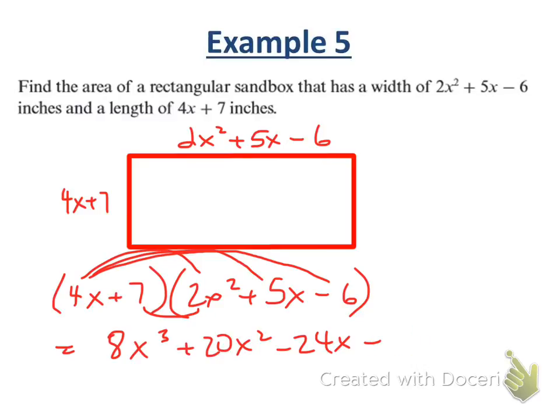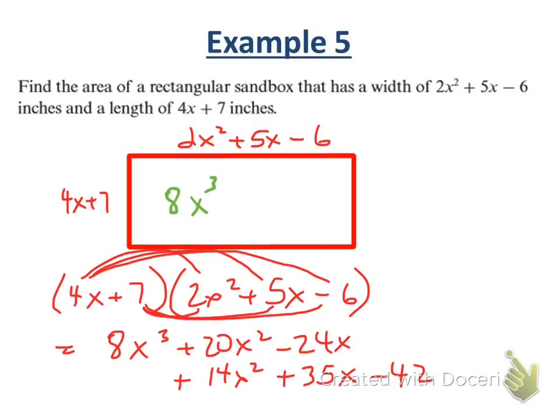Let's put that underneath. Save some paper. 7 times 5x is positive 35x. 7 times negative 6 is negative 42. So our area is 8x cubed plus 34x squared plus 11x minus 42 inches squared.